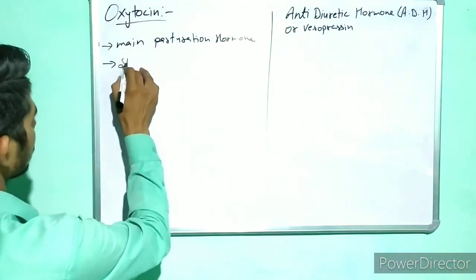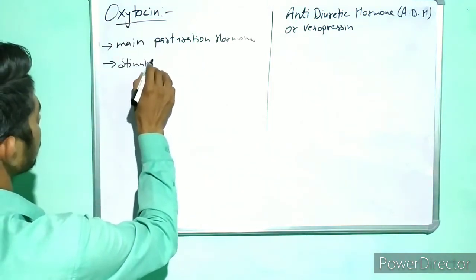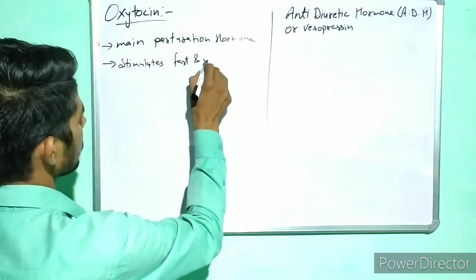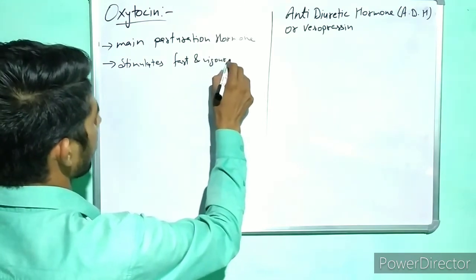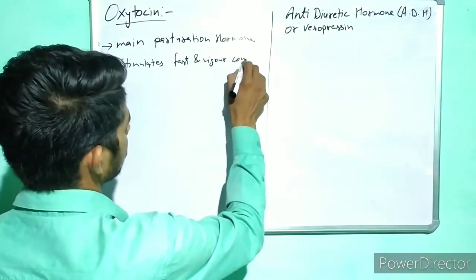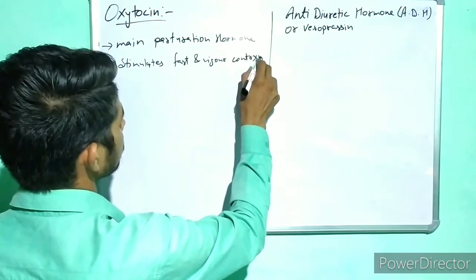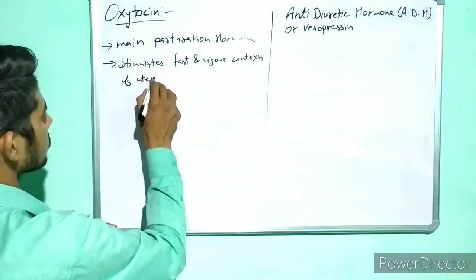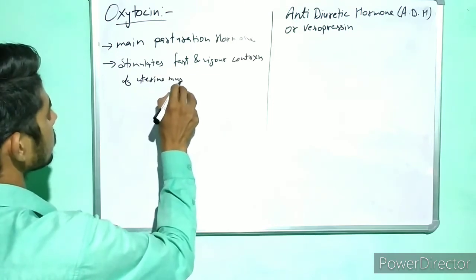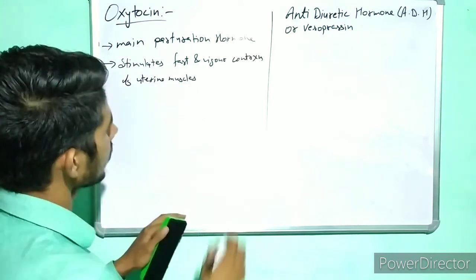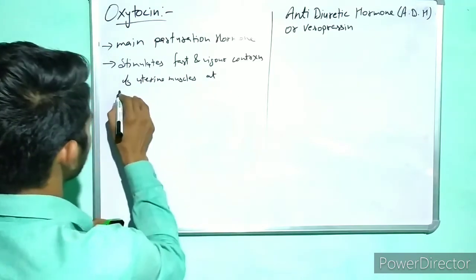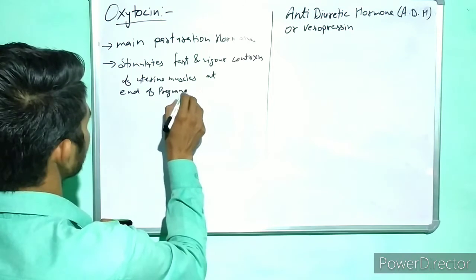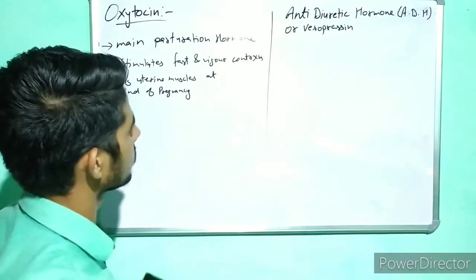Oxytocin stimulates fast and vigorous contractions of uterine muscles at the end of pregnancy for expulsion of the baby.